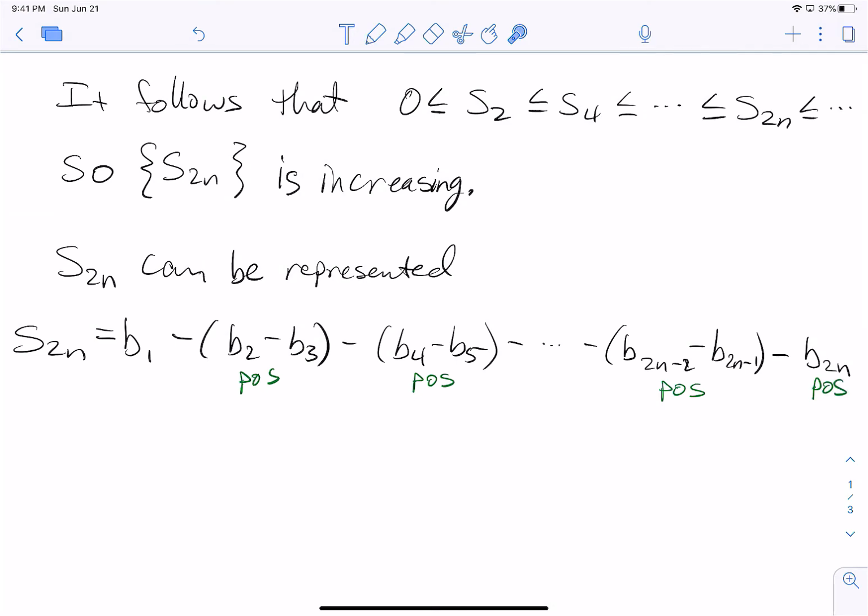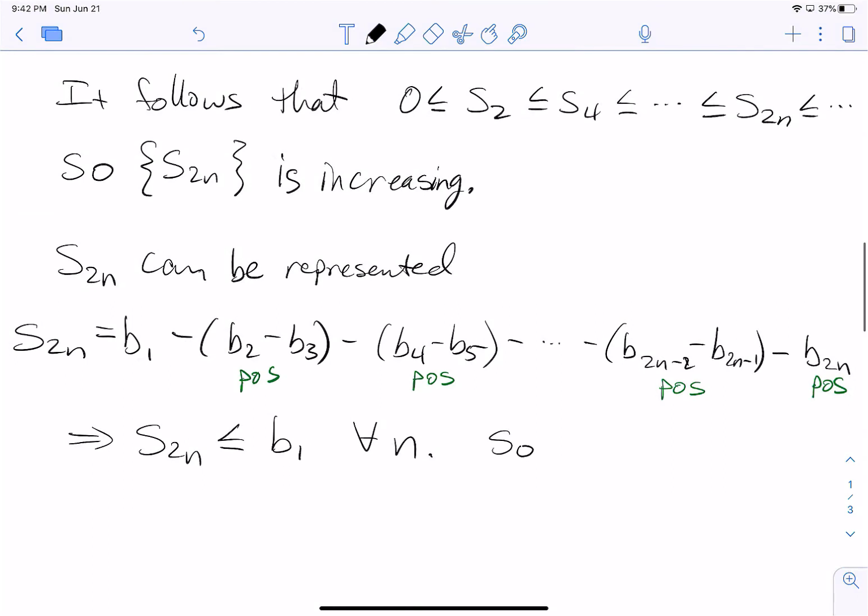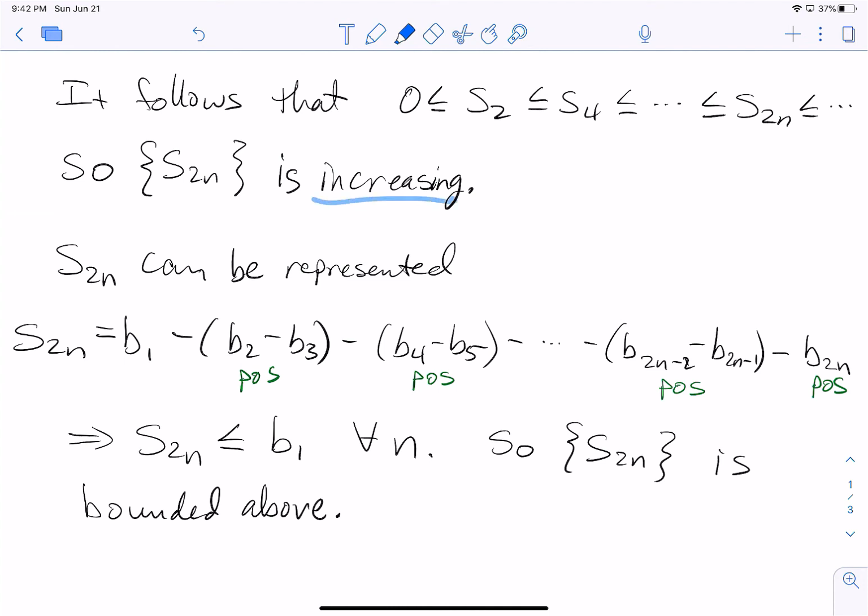Okay, what's the point of all that? s_2n is b_1 minus a bunch of positive numbers, which means that s_2n is less than or equal to the first term b_1 for all n. So the sequence s_2n is bounded above. What we have then is a sequence that is increasing and bounded.